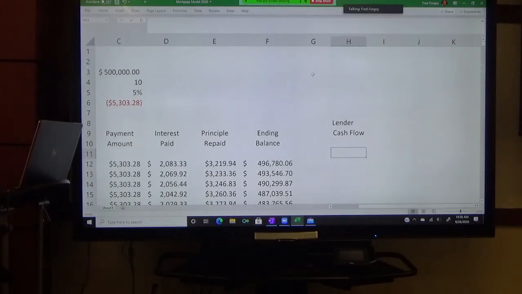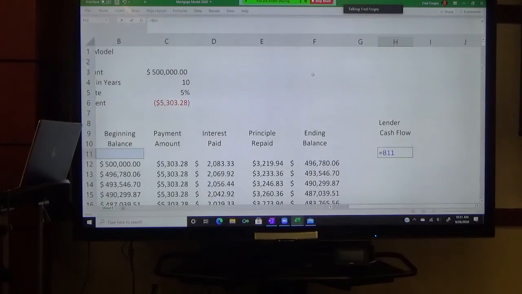All right, so what we're going to do is create a column called lender cash flow, and we're going to start one payment above basically month one. We're going to create a time zero cash flow, just like the model I just showed you. And so here, the first cash flow is going to be the amount of dispersal, which would be, in this case, the loan amount.